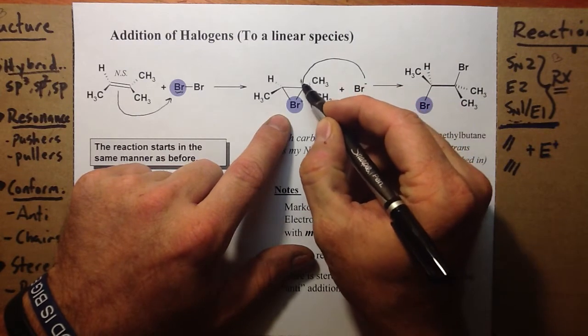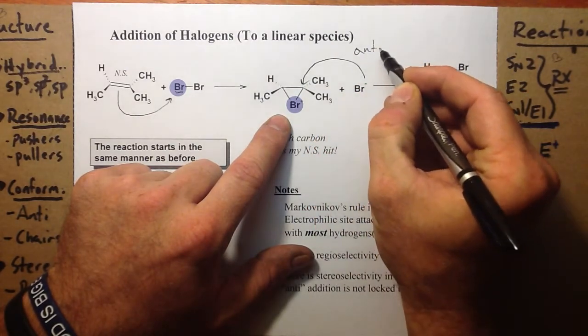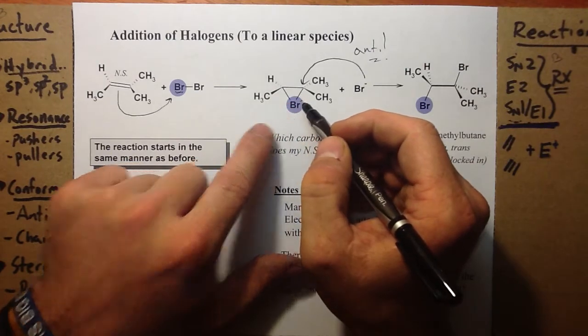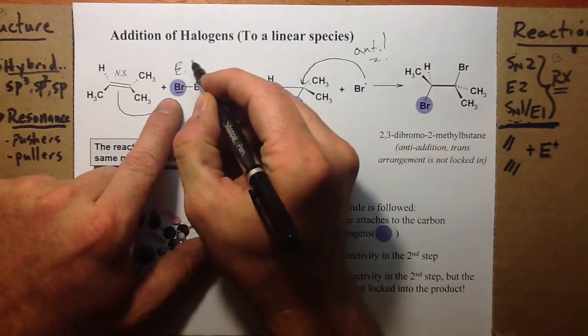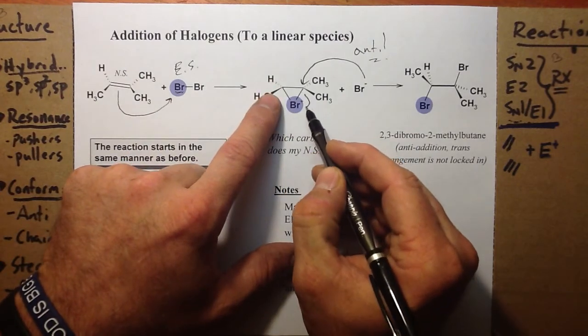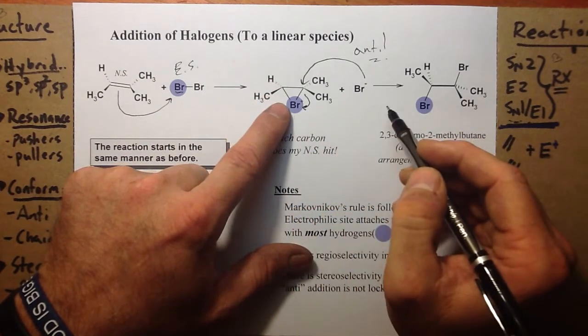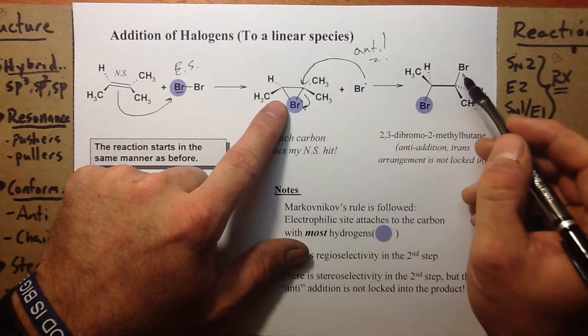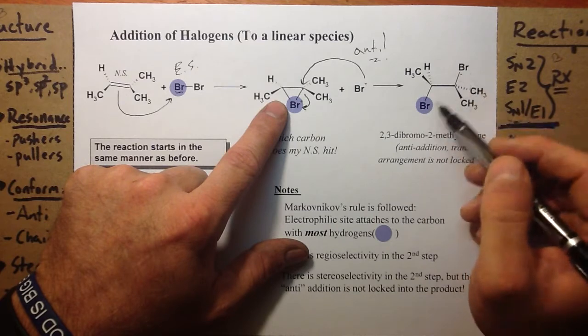I'm going to then hit from the opposite side because I'm coming in anti. This bromine was the original electrophilic site. I put it on the carbon that has the most hydrogens. So it swings to the left. This comes in on the carbon to the right, and we still have our anti-addition.